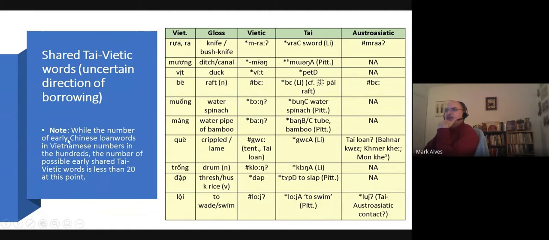There was much more borrowing from Chinese in that early period, and there's not so much Dai-Vietic exchange. It's just something to notice. So I know that there was contact between the Vietic and Dai people in the early period, but I don't know that there are so many words. There was not so much lexical exchange.